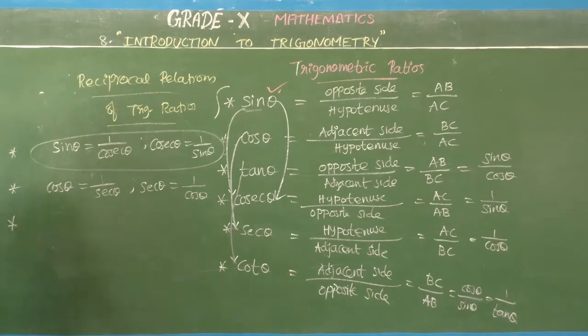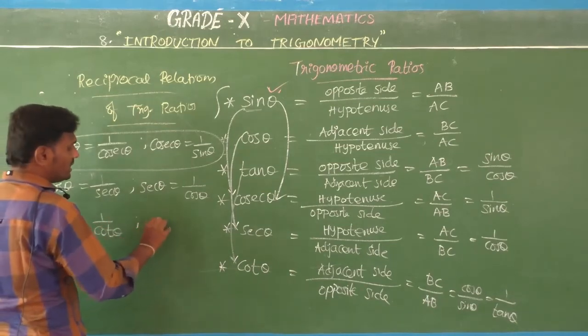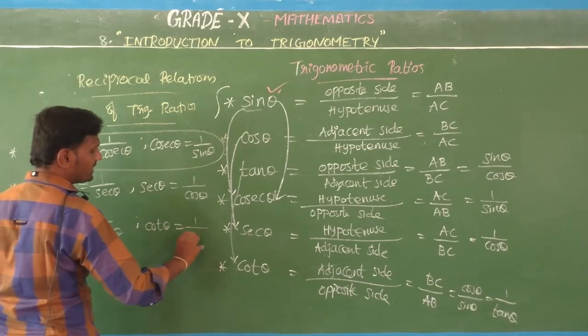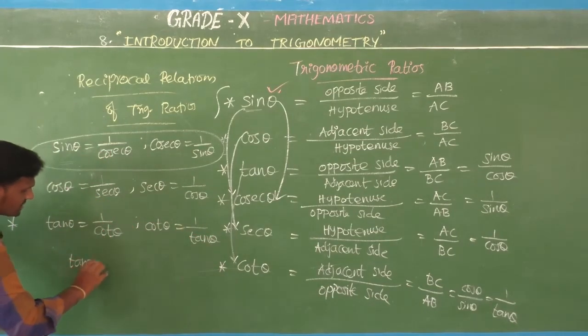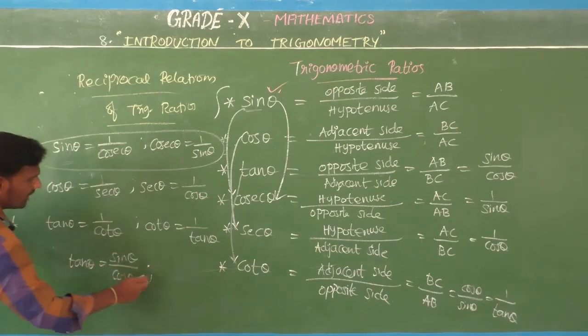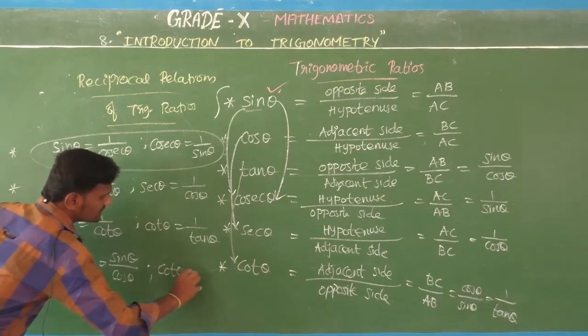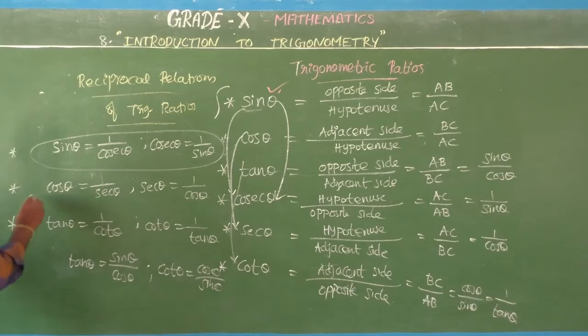Then finally tan theta is the reciprocal of cot theta, that is 1 by cot theta, and cot theta is equal to 1 by tan theta. And one more thing, we already know tan theta is equal to sin theta by cos theta, and cot theta is equal to cos theta by sin theta. Okay, so all these you have to prepare well, students.